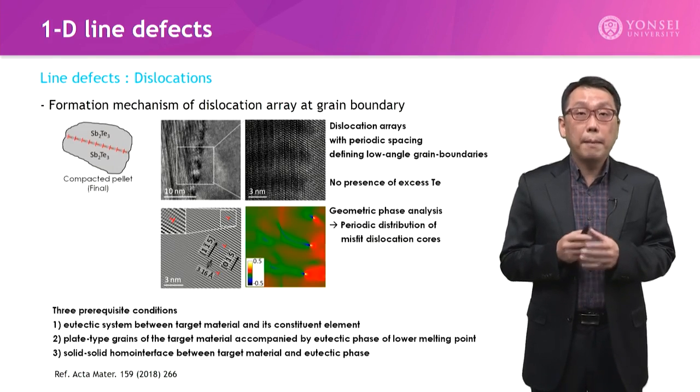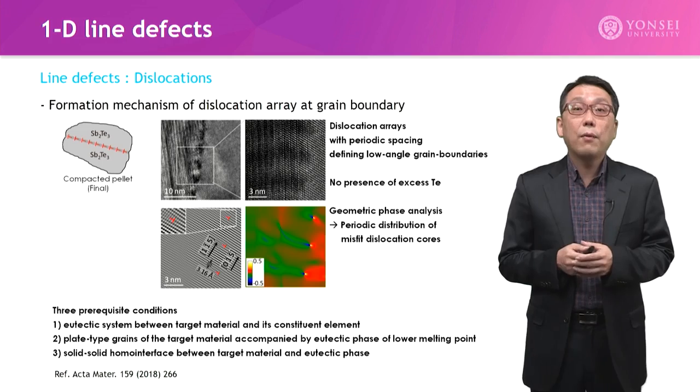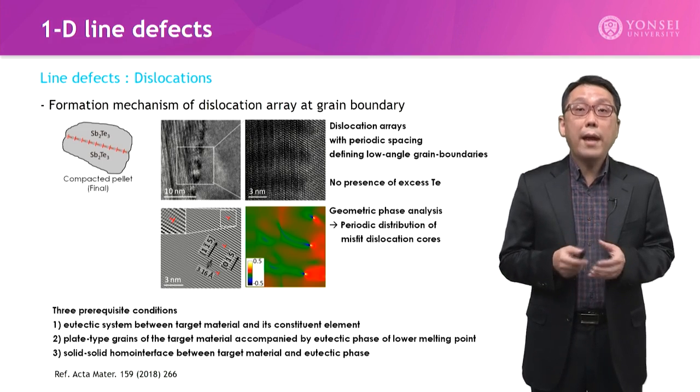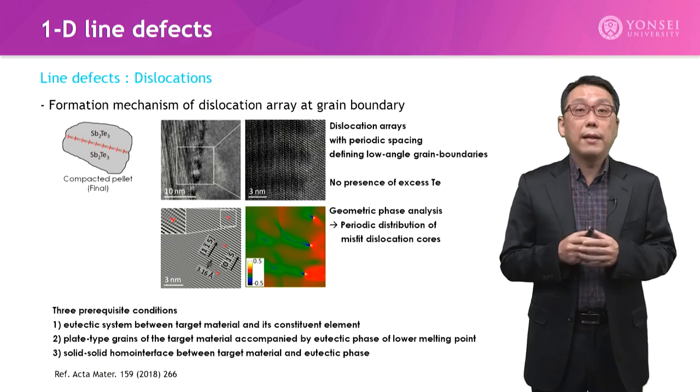And in the final sample, you can clearly find the dislocation array with periodic spacing, defining low angle grain boundaries. And in geometric phase analysis, you can find the periodic distribution of misfit dislocation cores and the strain field around the dislocation core.